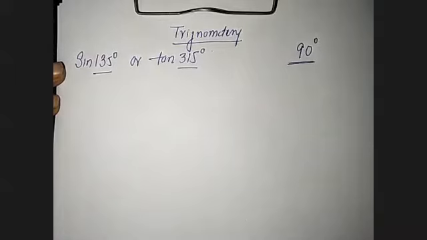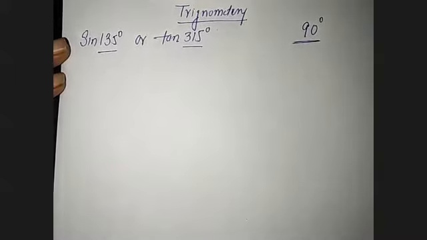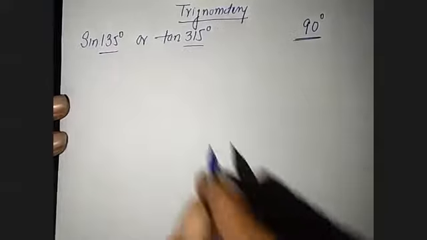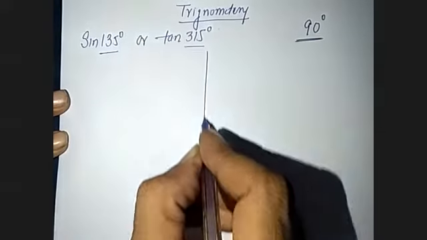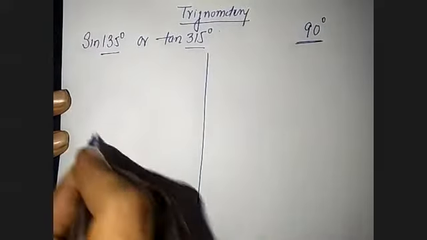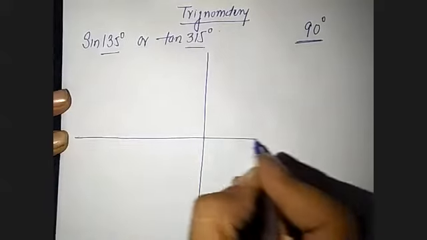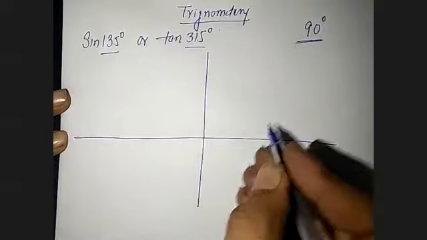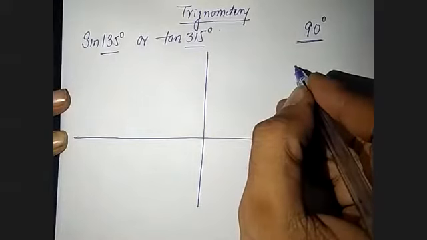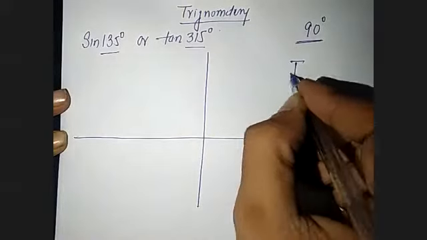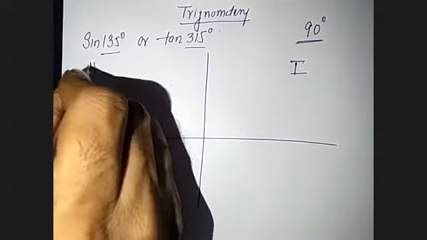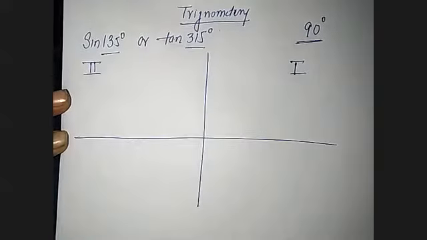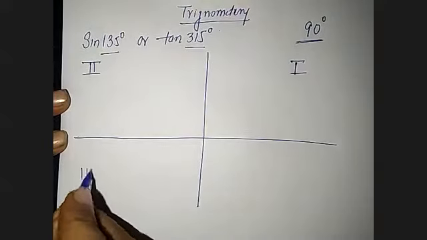For that we need to go into a little bit of basics, and we will draw one Cartesian plane with x and y axis. Here we will say this is the first quadrant, this is the second. You need to just remember this to solve these questions.